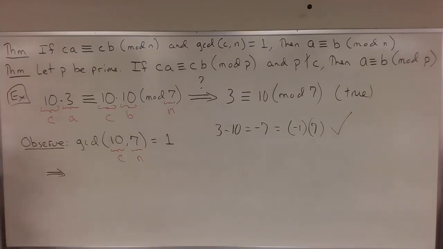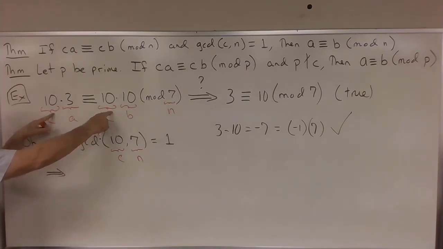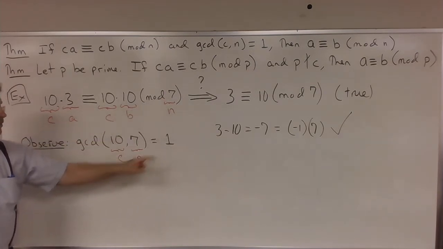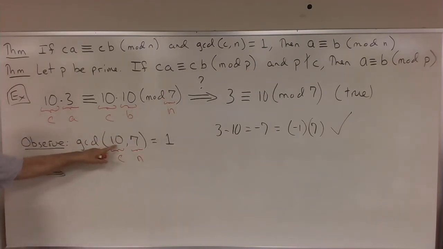And since the greatest common divisor of C, the common factor, and n, the divisor, is equal to 1, we can cancel the common factor from both sides.